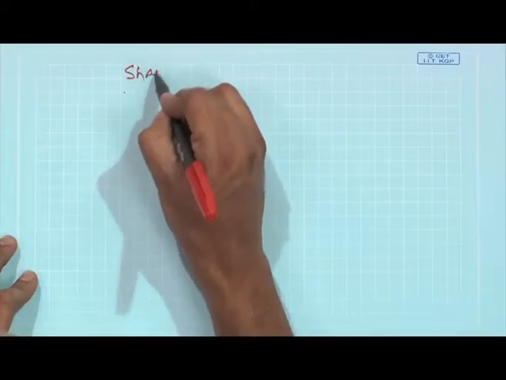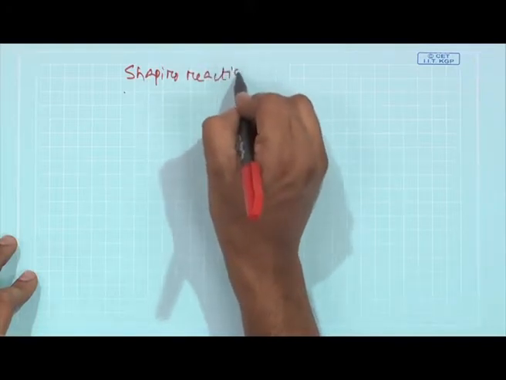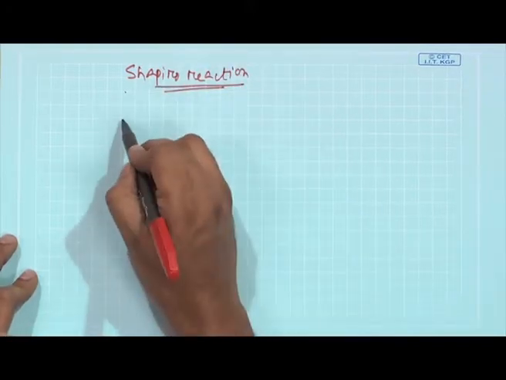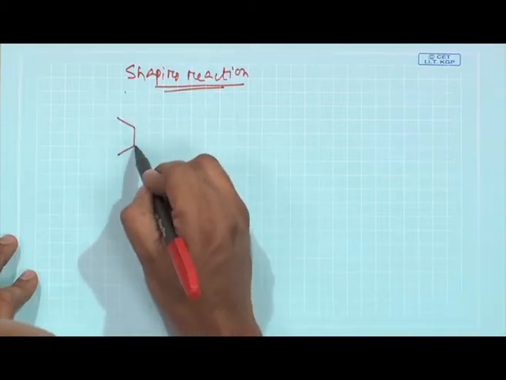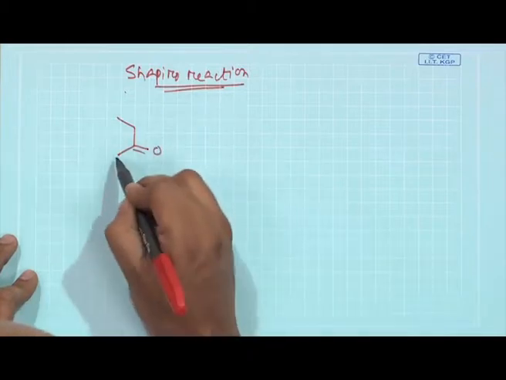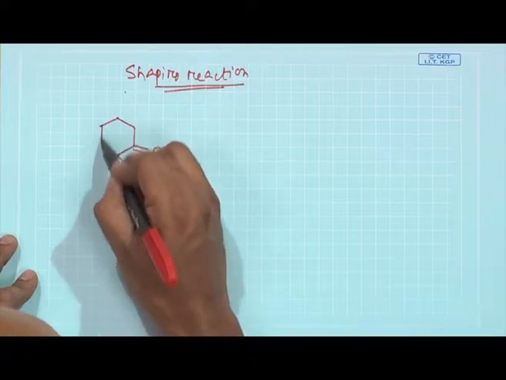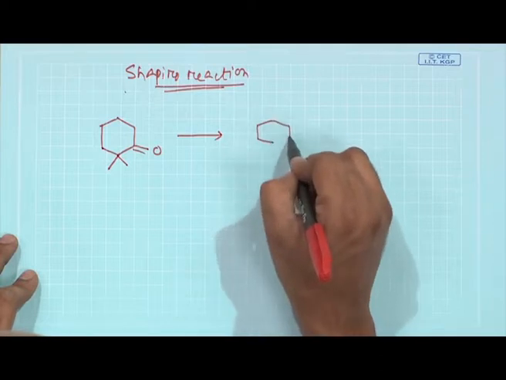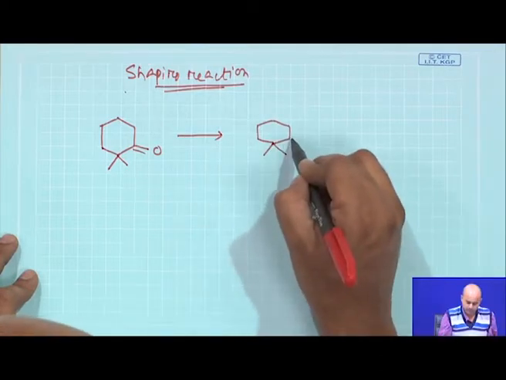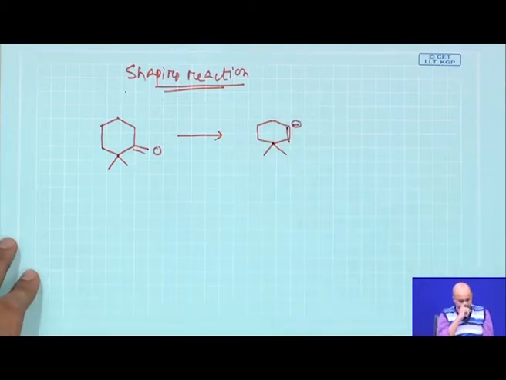Shapiro reaction is a very useful reaction, particularly if you are having some compound like this, you can easily convert this compound to this anion.